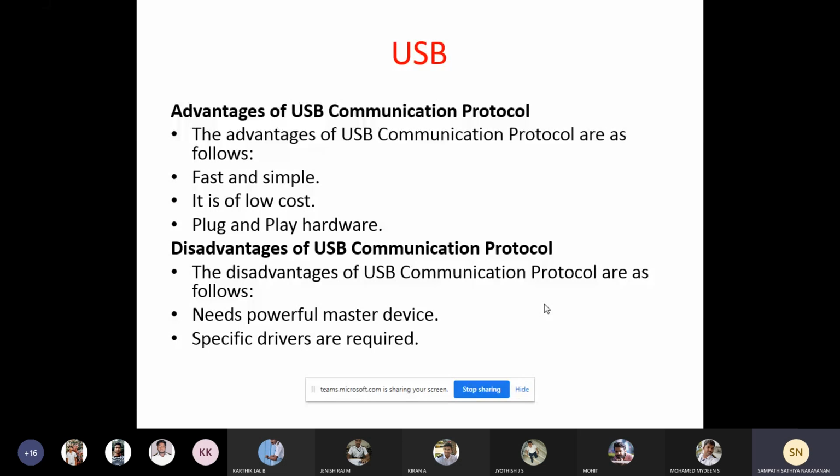And the disadvantages of USB. When we consider, it needs a master device which can source current. So it needs a powerful master device, and specific device driver routines to be implemented, because only because of these device drivers are these USB devices able to be identified, and then communication can be established.